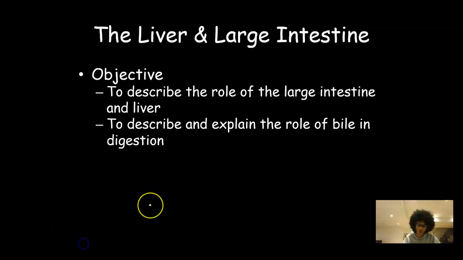So this is the digestive system. In previous videos, I've talked a little bit about how food moves through this whole organ system. Just to recap really quickly, food starts in the mouth, which is over here. This is where digestion starts, both mechanical and chemical.